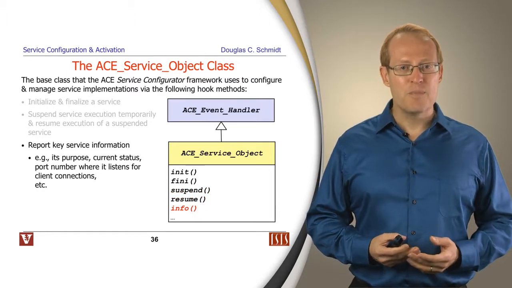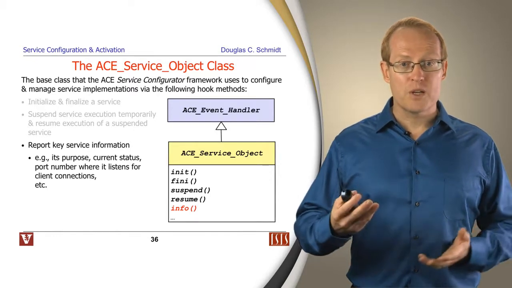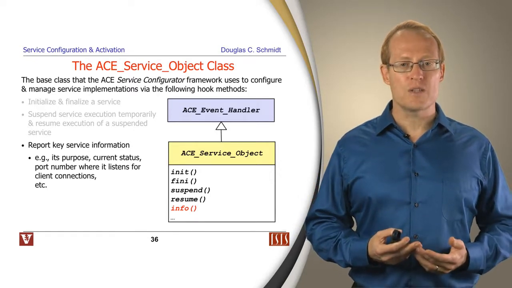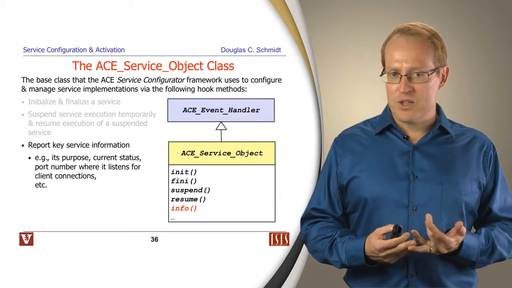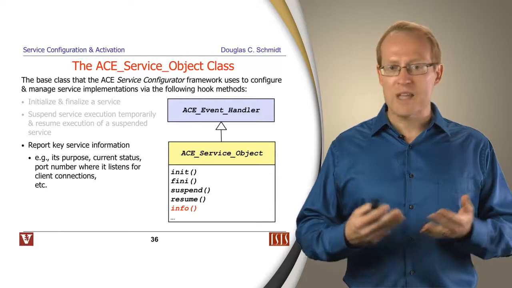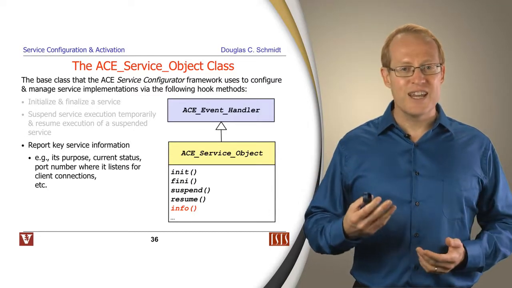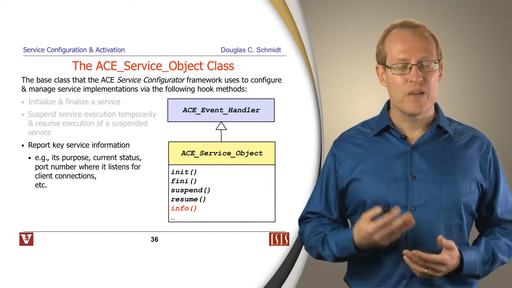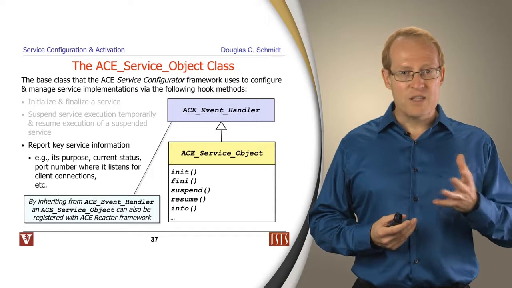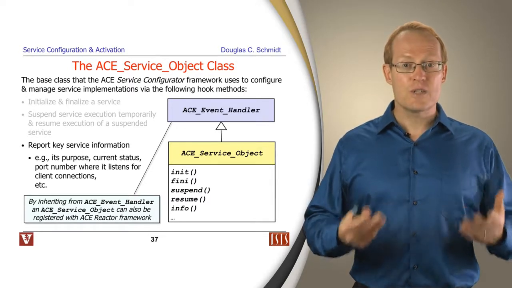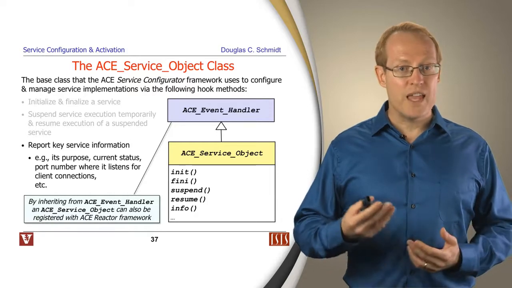Yet another capability provided by the ACE Service Object is a way to report information about the dynamically configured service. You might say what its purpose is as a string. You might contain its current status, its load, whether it's active or inactive, the port numbers or other addressing information needed for clients to be able to connect to it, and so on and so forth. By inheriting from the ACE Event Handler, ACE Service Object is also capable of being dispatched by the ACE reactor framework.